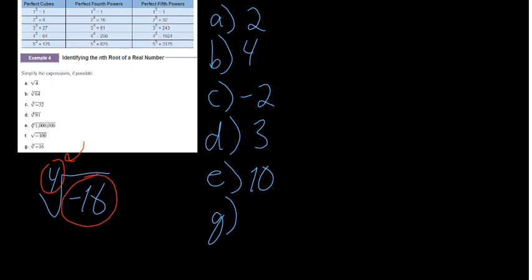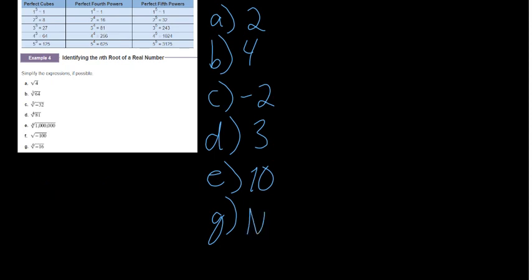If it was odd, then there would be a solution there. But since we have an even index, we can comfortably say that G is no real number. Okay, and we'll do F last.